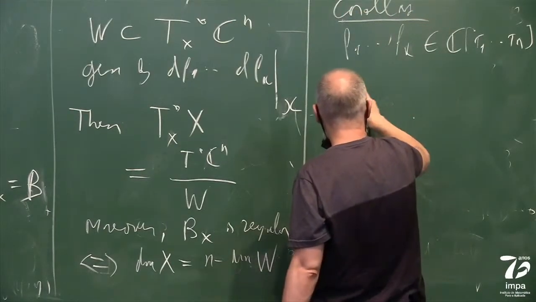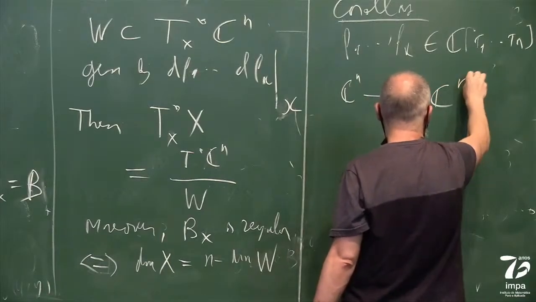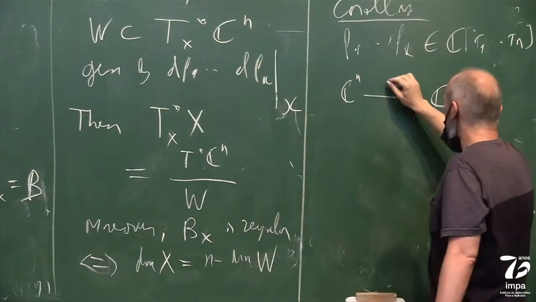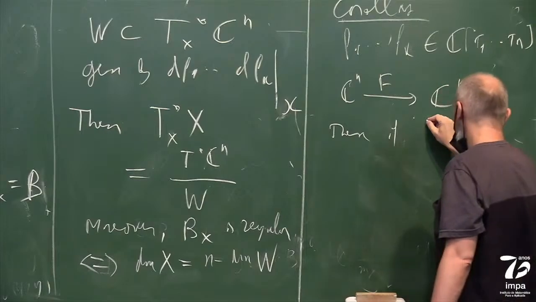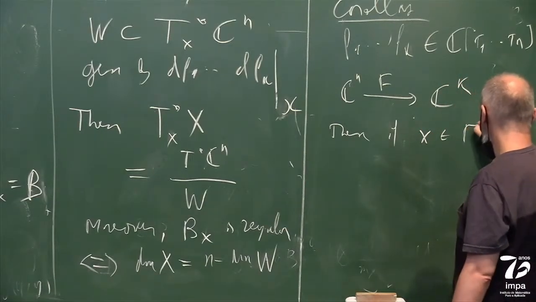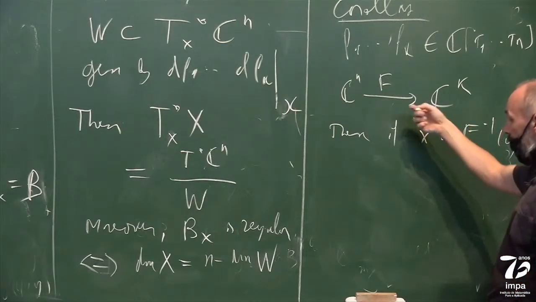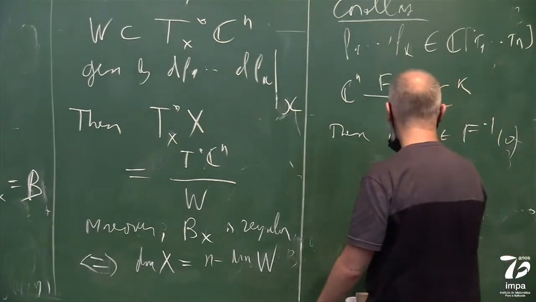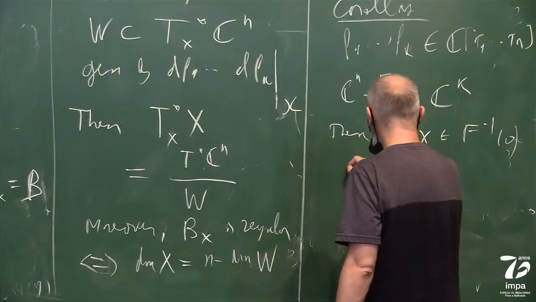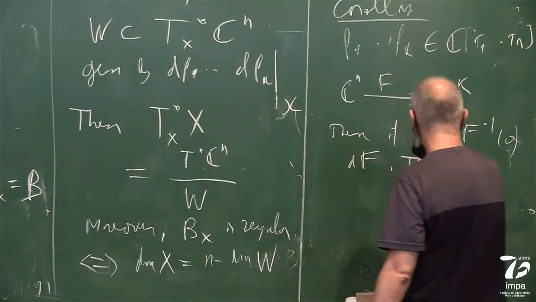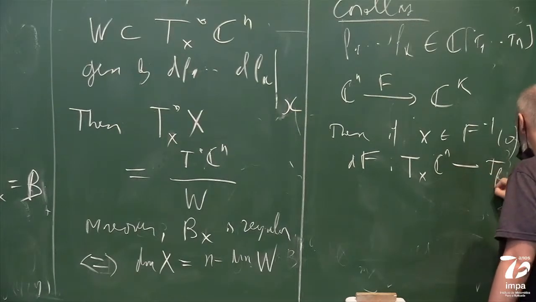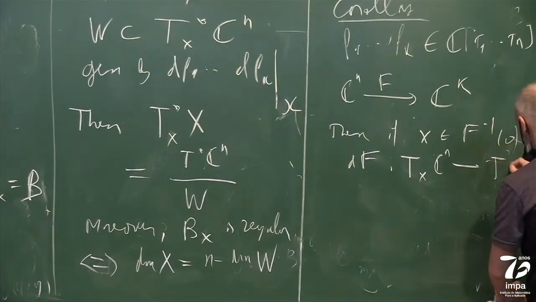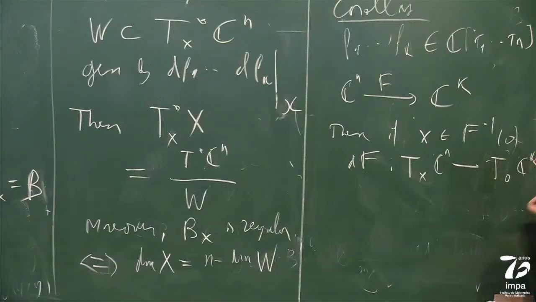This gives a map F from Cn to Ck. Then, if x is in f minus 1 of 0, so you have the level set of 0, the set defined by these equations, and df from the tangent space to Cn to the tangent space to Ck, well, to the tangent to 0, actually, because the image is 0, is surjective.